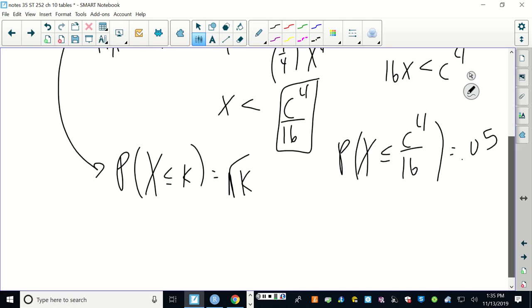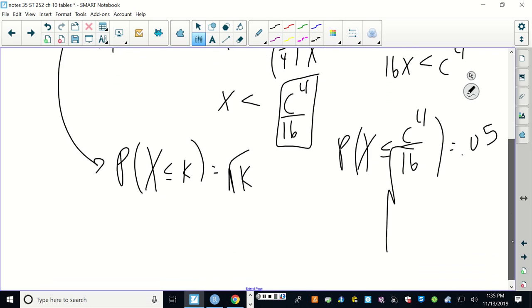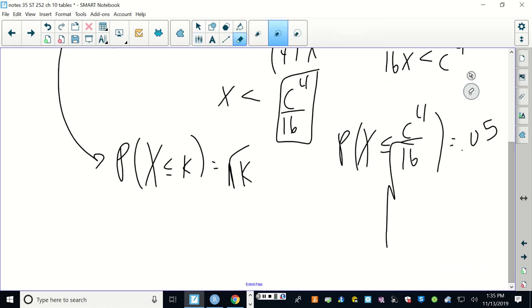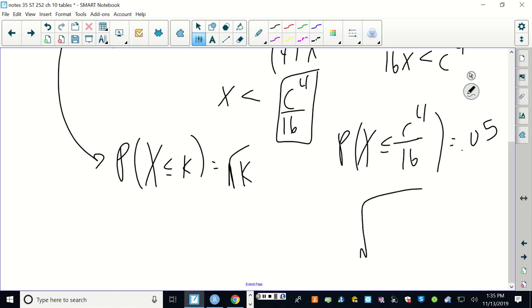So what's this? Well, that's the square root of this thing. You want that to be 0.05.